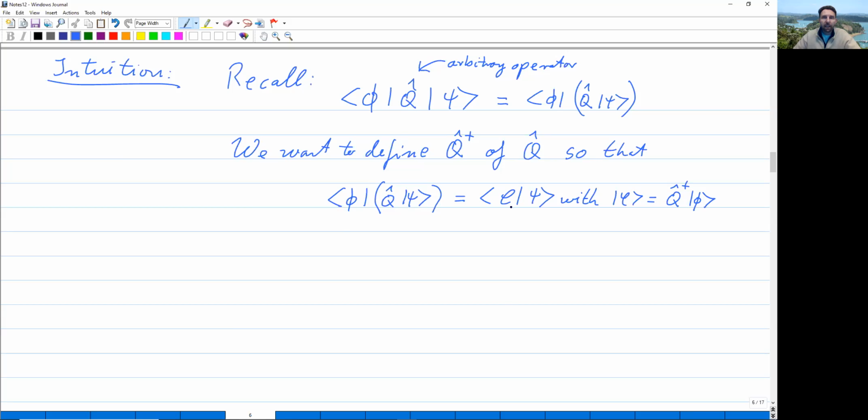So instead of calculating q hat acting on psi and then the inner product with phi, we should be able to calculate the inner product of psi with a vector phi tilde, where phi tilde is obtained by acting with the adjoint operator on phi, on this phi here. So here's the proper definition then. Basically, all I want to say is that the adjoint, if an operator acts to the right, its adjoint accomplishes the same job by acting to the left. Here's the proper definition.